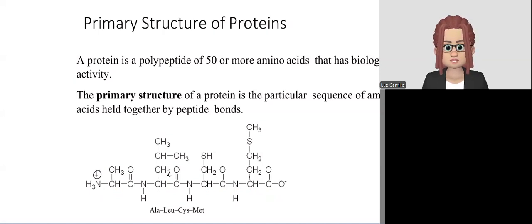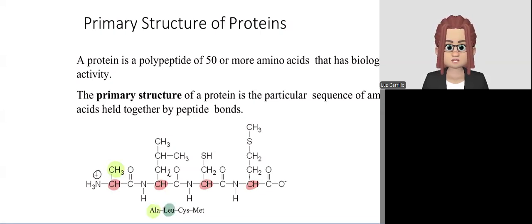So when we're trying to identify the amino acids in the molecule, we just first identify the alpha carbon. And here we have 1, 2, 3, 4. And then from that alpha carbon, we must look at what is attached to it. It must be pointing up or pointing down. So we can see here that because we have a methyl group, that is alanine.